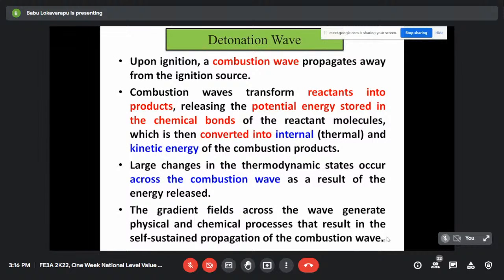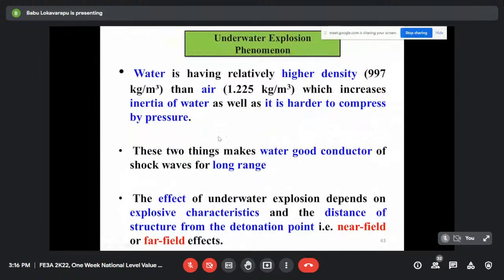And the detonation wave, basically, you can see in this process here. Basically, the water density is 997 kg per meter cube, and air is 1.225 kg per meter cube. Therefore, the blast in air is entirely different from blast in water because of the variation in density.